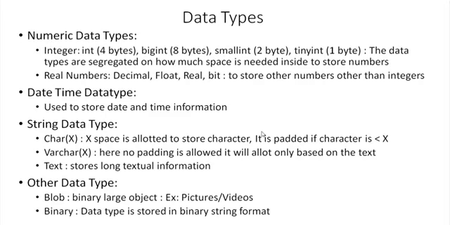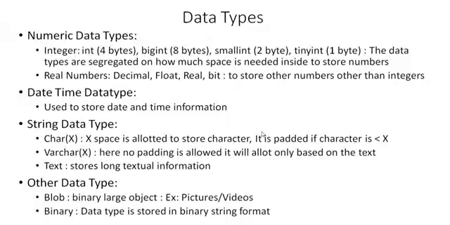Apart from these, the other data types are blob, which is nothing but binary large object, which is used to store pictures and videos. And there's a binary data type, which is also used to store the binary string format.